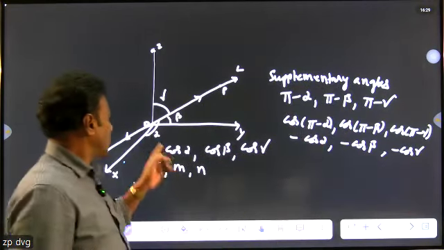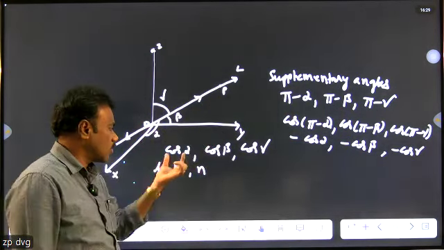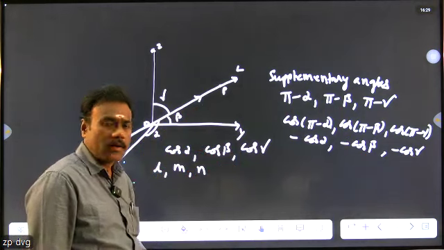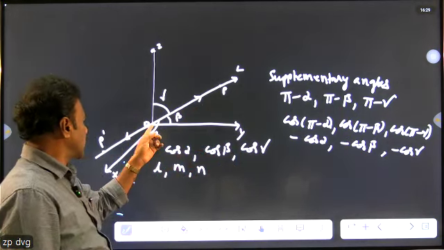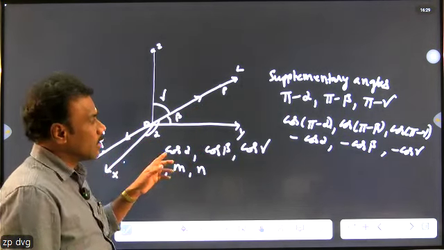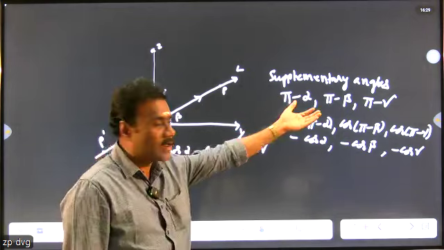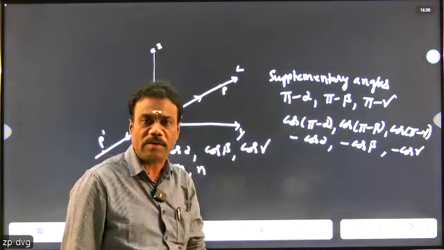See now, if you take the directed line from O to P, the direction cosines are cos alpha, cos beta, cos gamma. If you take the directed line from O to P dash, which is reversed, the direction angles are the supplements, pi minus alpha, pi minus beta, pi minus gamma.